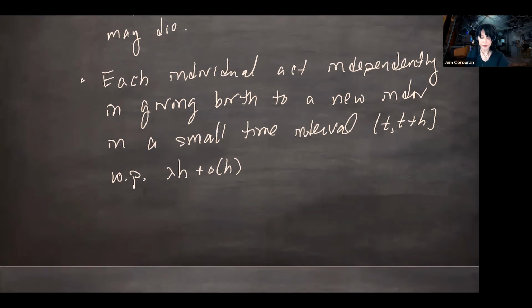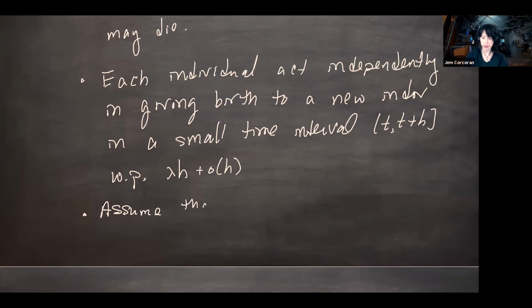And assume that multiple births aren't allowed, twins aren't allowed, triplets aren't allowed, and that the time interval is so small that you can't even have multi-generational births. So the offspring of a particle cannot produce another particle in such a small time interval.